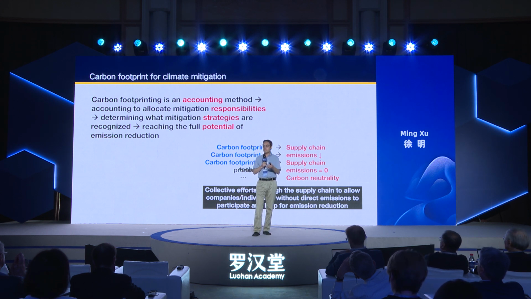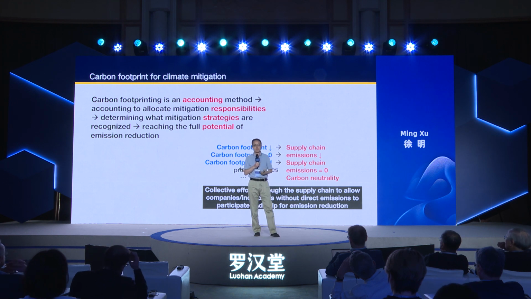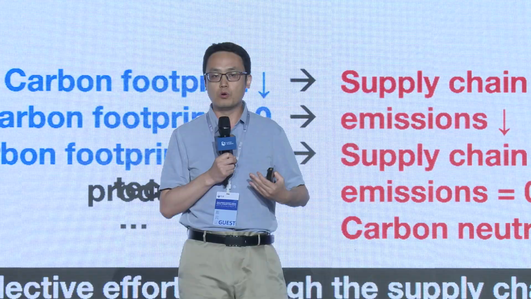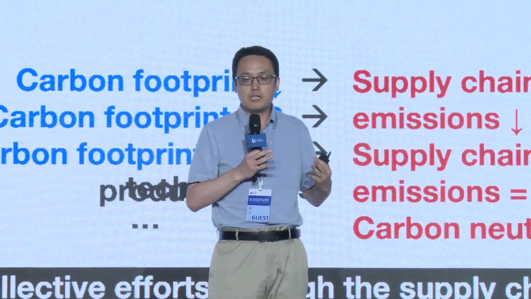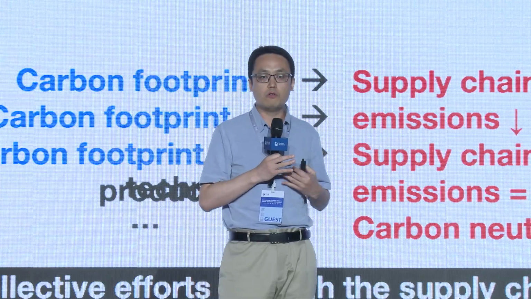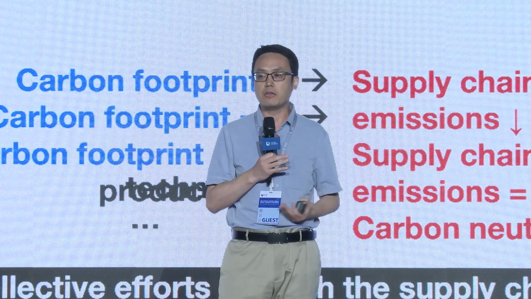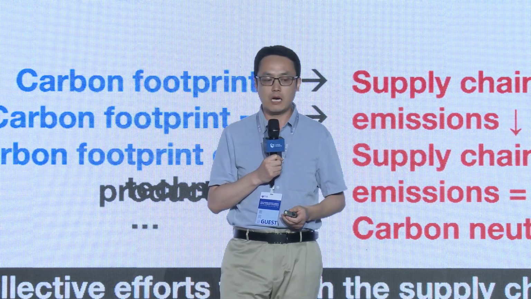For many companies, they don't actually directly generate too many emissions. For example, Alibaba, Google, those IT companies, their direct emissions are very limited, right? But if you look at their supply chain, they actually can drive a lot of emissions. So if we only focus on direct emitters, then companies like Alibaba or Google will not be able to participate in a carbon neutrality pursuit.